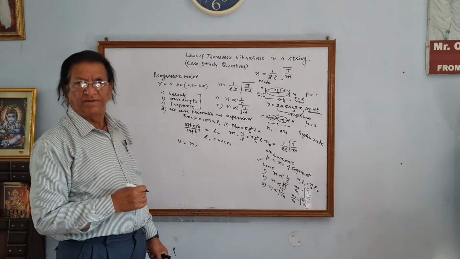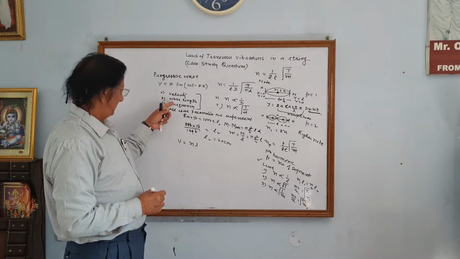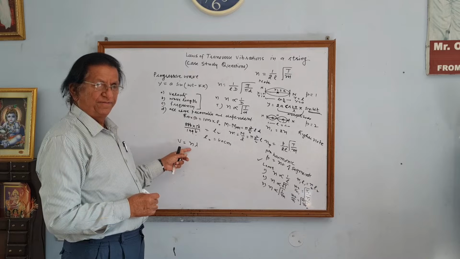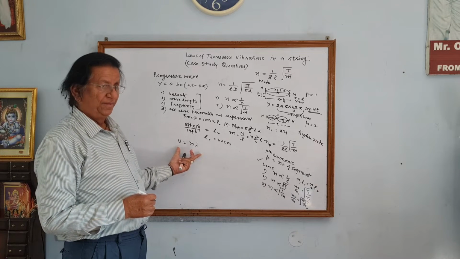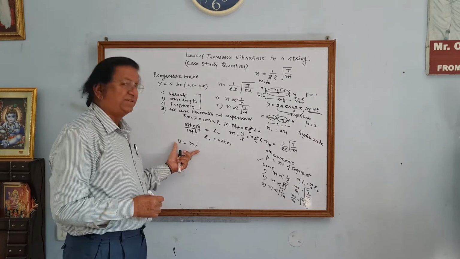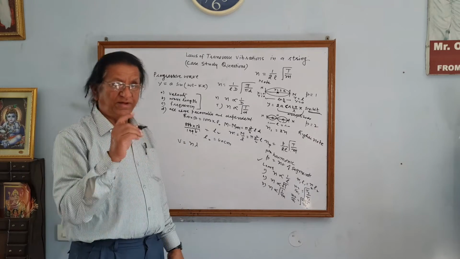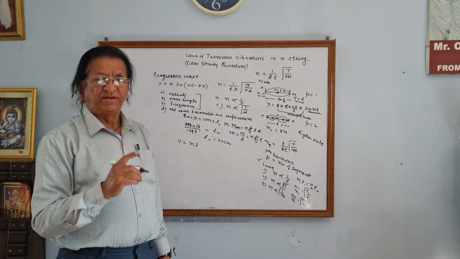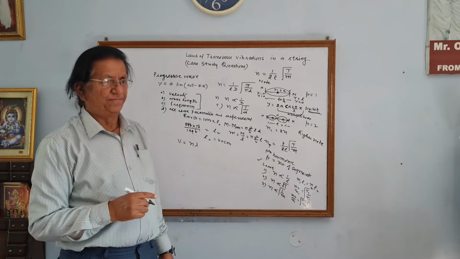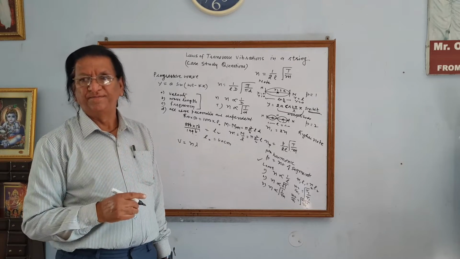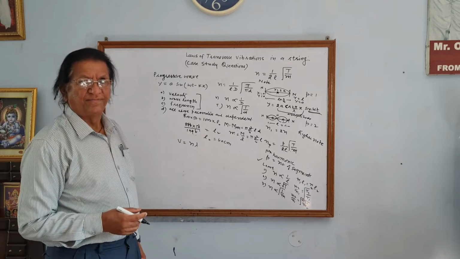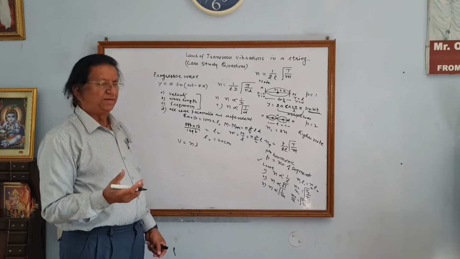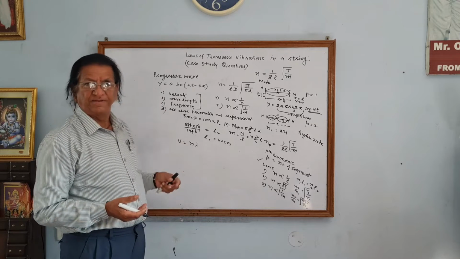V is equal to f lambda. Wave velocity, wavelength, frequency of the wave, they are related to each other by this relation. Then even out of these three, there is one quantity which doesn't depend upon other. What is that? That is the question. And that is given among these four choices.